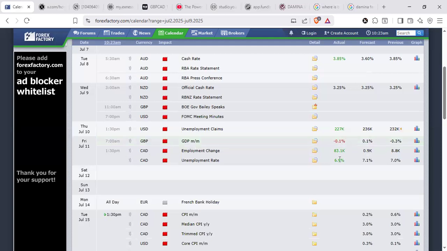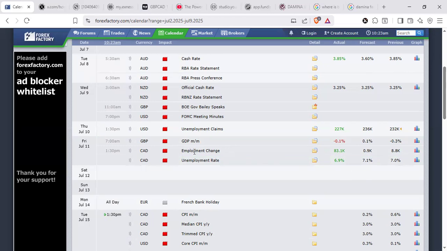Then as for CAD, we have something here that is affecting CAD bullishly. CAD is going to be bullish. So it's very easy. It means that in this coming week, I should be looking for GBP CAD sells, right? That's just how you can use Forex Factory to augment or complement your technical analysis.